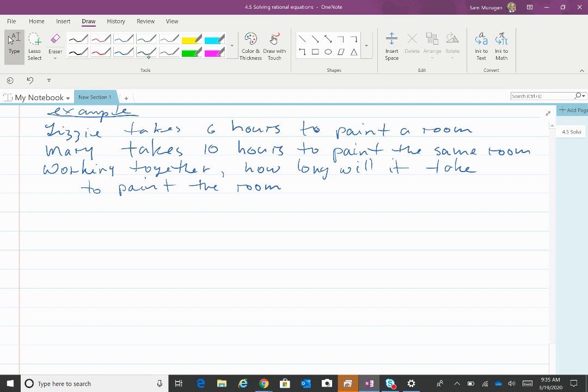So to solve this problem, we're going to establish a variable, let t equal the time to paint the room together. And now we want to set up that Lizzie will paint 1/6 of the room.